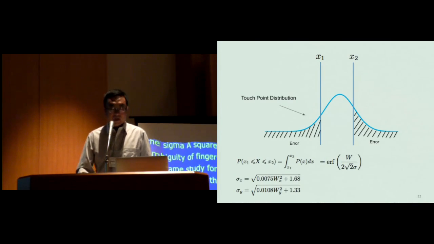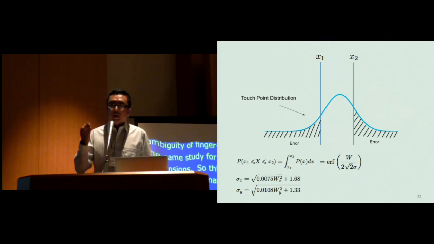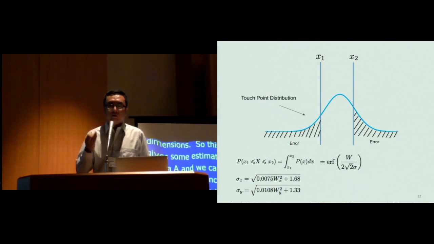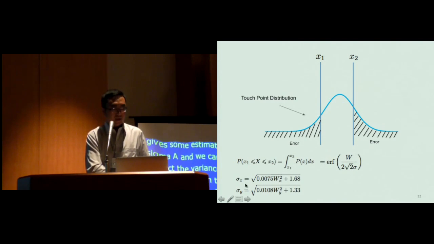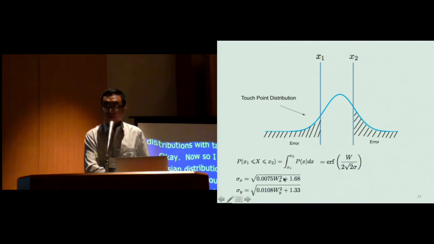Okay, so I just described that we use this Dual Gaussian distribution model to predict the variance of touch point distribution based on target size. And with this very critical information, we can come back to our initial equation for predicting accuracy. Here we show that the standard deviation of the touch point distribution can be expressed in this way. It's basically a function of the target width.